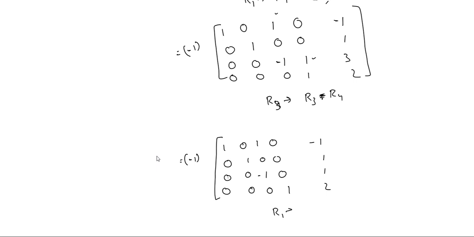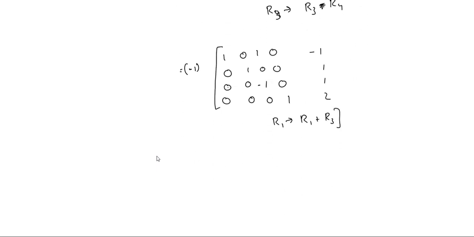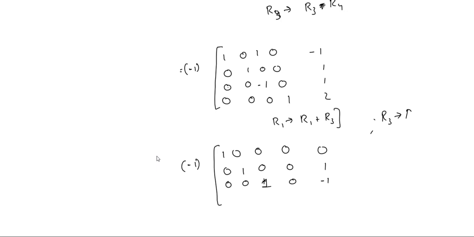Therefore R1 becomes R1 plus R3, keeping the minus outside: 1, 0, 0, 0, and so on, and here it will be 0, 1, 0, 0, 1; 0, 0, minus 1, 0, 1. R3 becomes R3 divided by minus 1; 0, 0, 0, 1, 2.